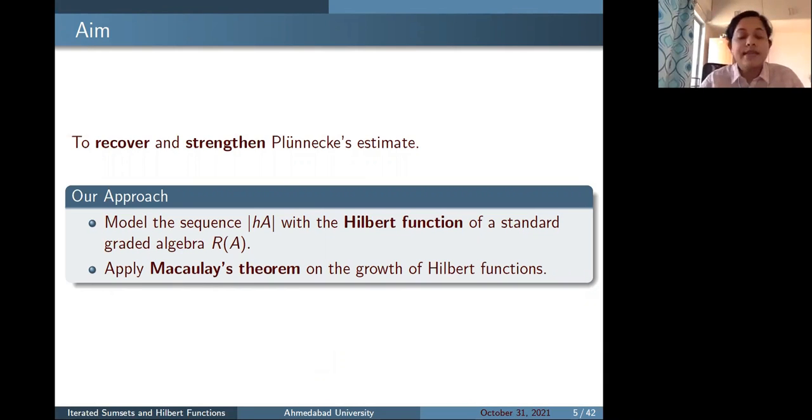Since we have a set A in our hand, we want to construct a corresponding standard graded algebra, R_A. Then we will show that the corresponding Hilbert functions are nothing but the sequence of cardinalities of hA. Then we use Macaulay's theorem on the growth of the Hilbert function. We claim that going through this approach, we will have a better bound than Plünnecke's.